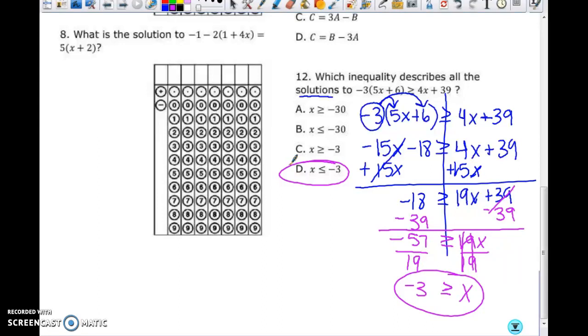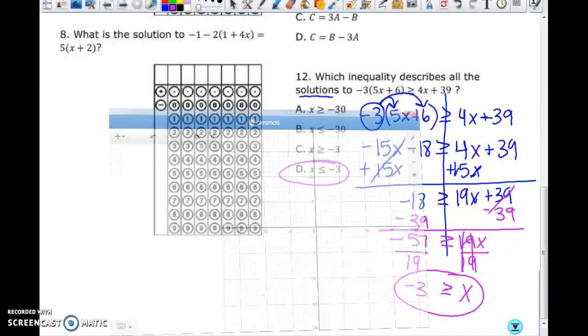With the equal sign, we were putting one side in and the other side. With an inequality, we actually don't need to do that. We can put it the exact way that we see it, okay? The line's going to look a little different, but it will still tell me. Alright, so if I go here to my Desmos, I'm going to put the whole thing in. So I have negative 3 parentheses 5x plus 6.